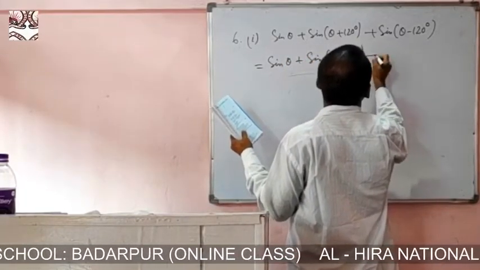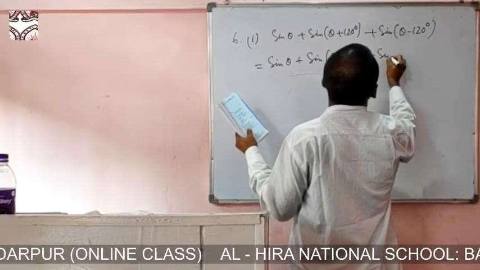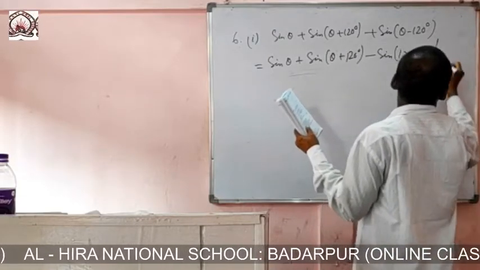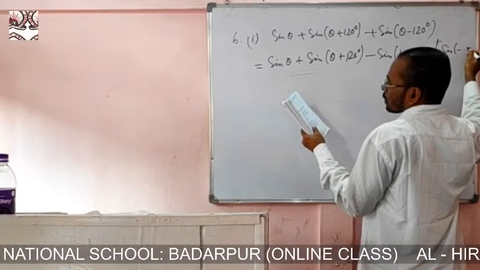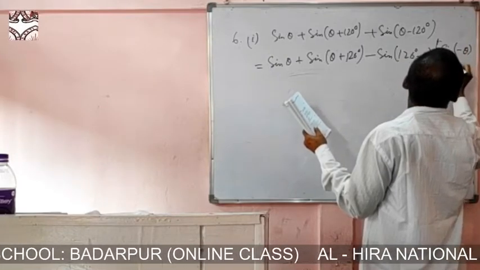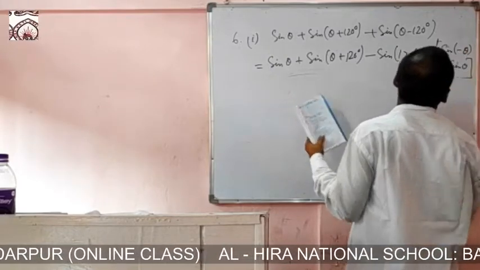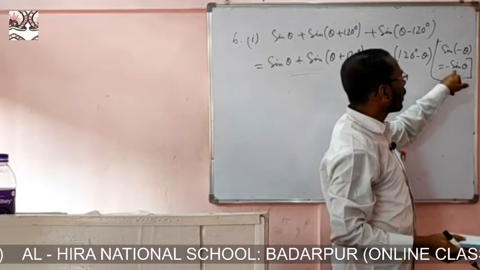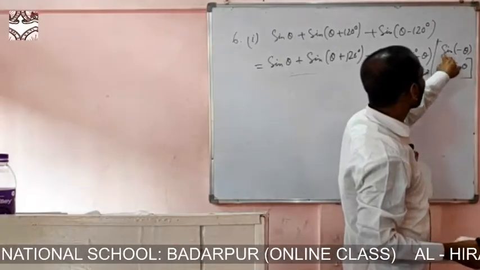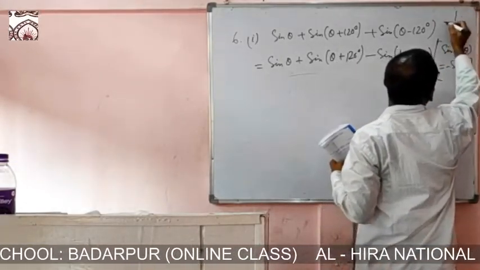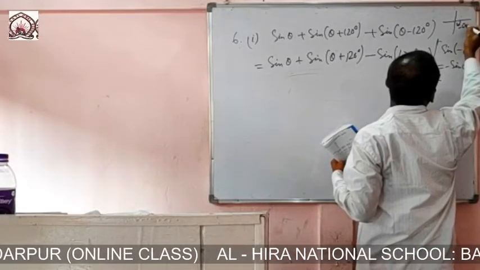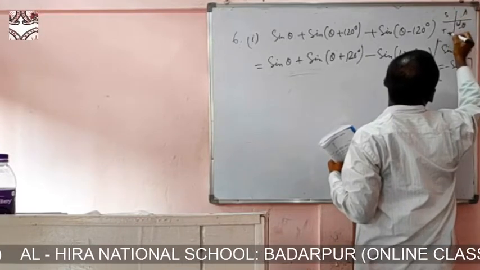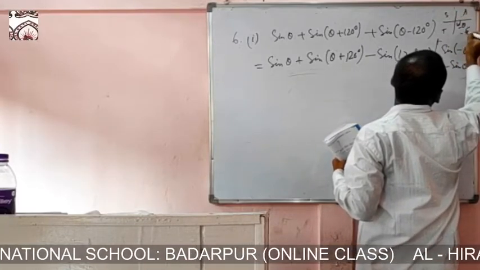If we change the sign, then it will become minus sin(120 minus theta). Yes, because sin of minus theta is equal to minus sin theta, because minus theta will be in the fourth quadrant, and in the fourth quadrant the sign of sin is negative.